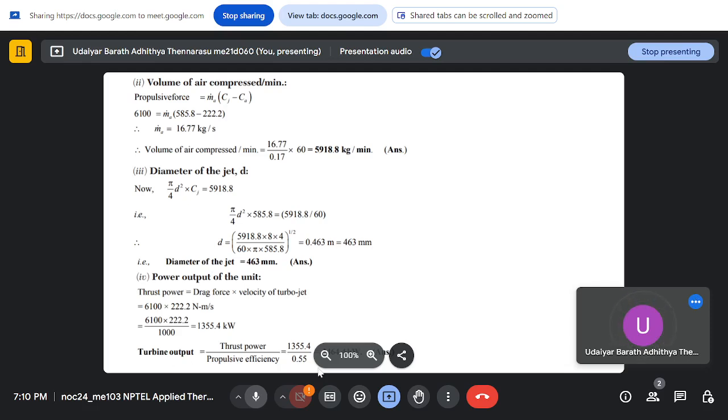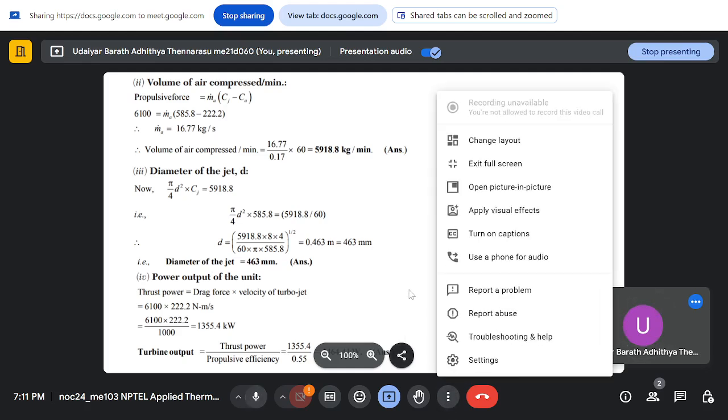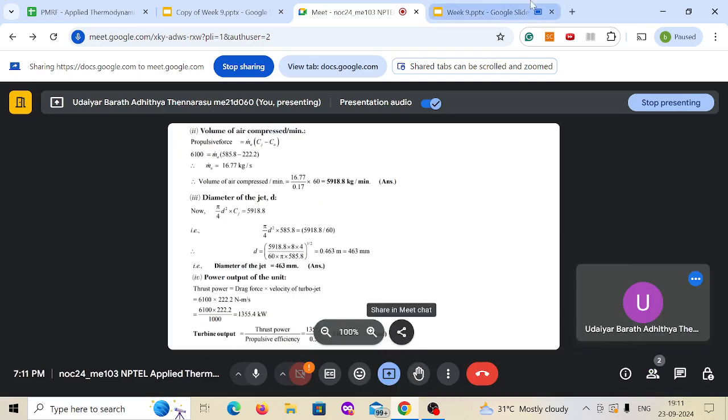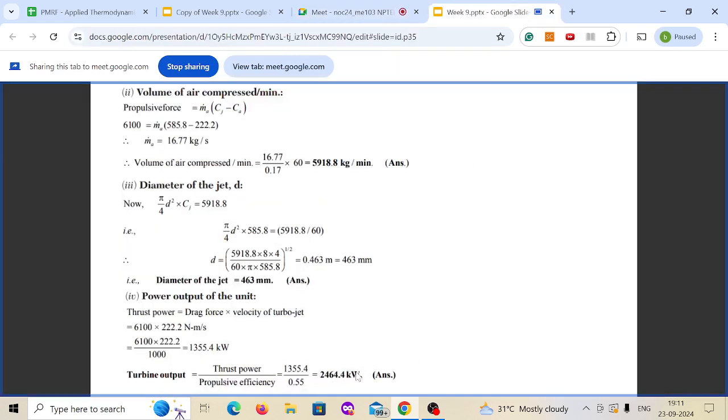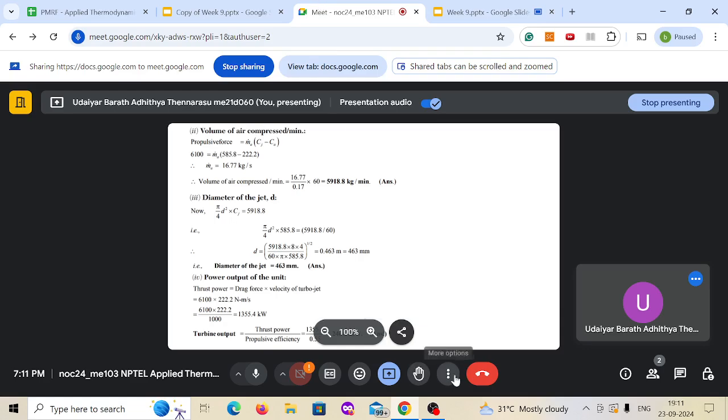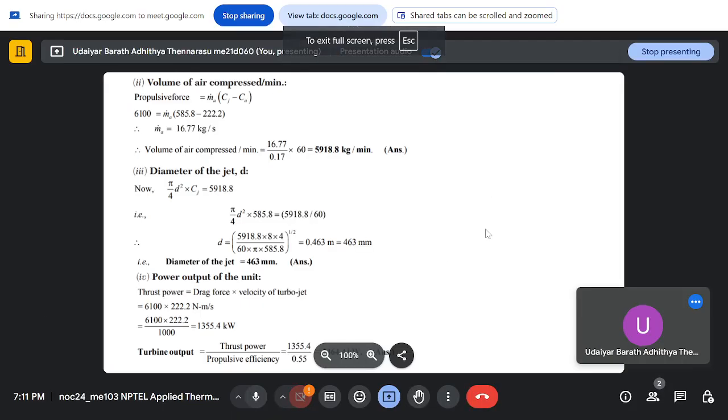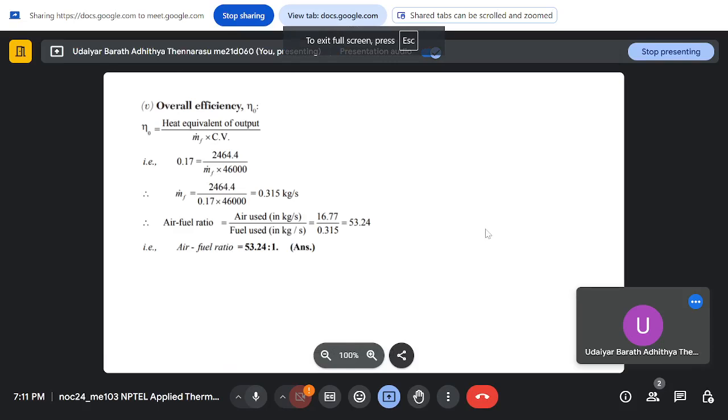The turbine output will be my thrust power divided by the propulsive efficiency. So 1355.4 divided by 0.55 will give me 2464.4 kilowatt. So with that I can find out my turbine output.